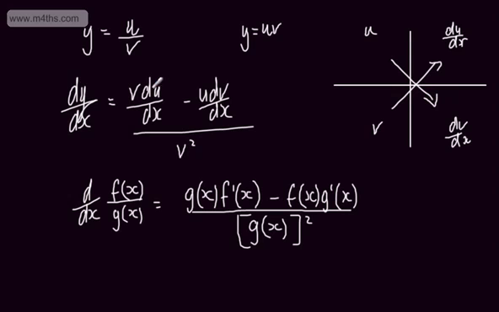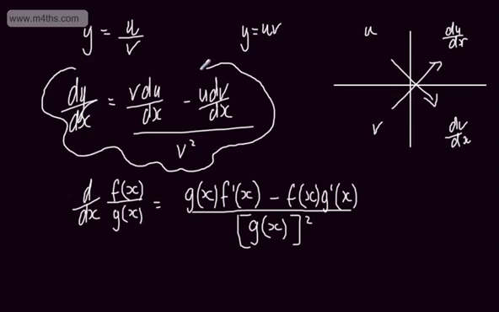This is similar, but we're going to now multiply these two, subtract away the multiple of these two, and then put it all over v squared. So this now is the quotient rule, and we use this when we are dividing two functions like so. So u and v are both functions of x that we can differentiate.